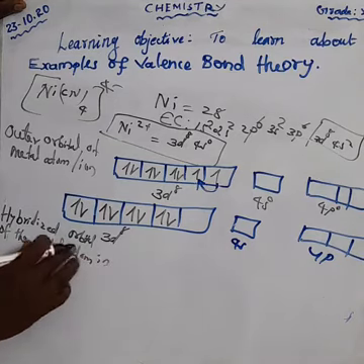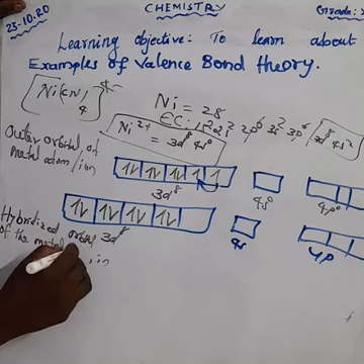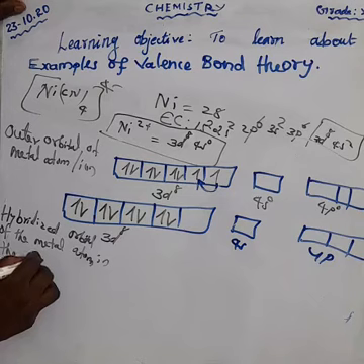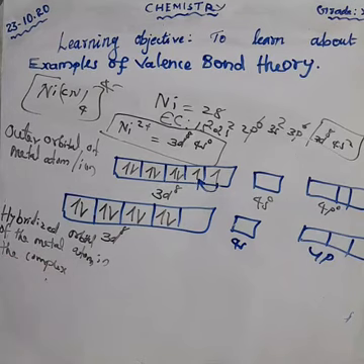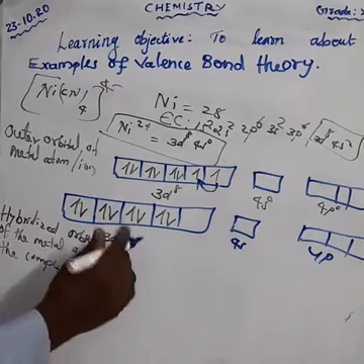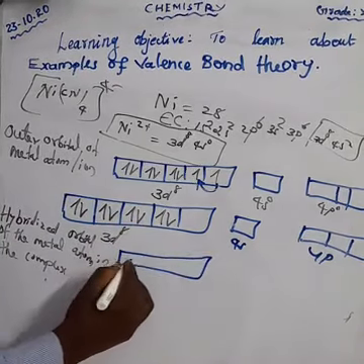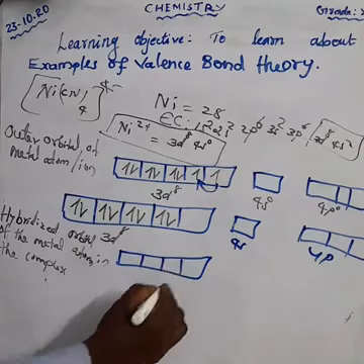In the complex. How will you draw this structure? Here 3d has 4, am I right? 1, 2, 3.